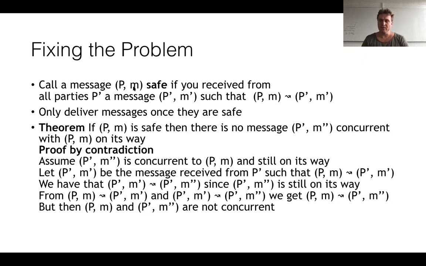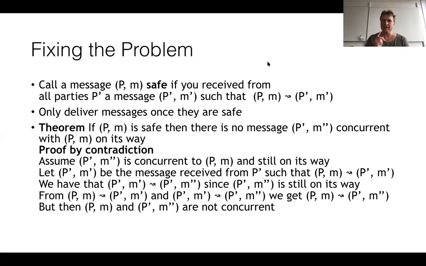Then what we will do is simply take the set of all safe messages and order them according to the ordering we had. First we order them causally, then according to the vector clock, and then I can just deliver all of them. The trick is that I will not get a surprise of something concurrent arriving later. So let's see that this is actually the case.